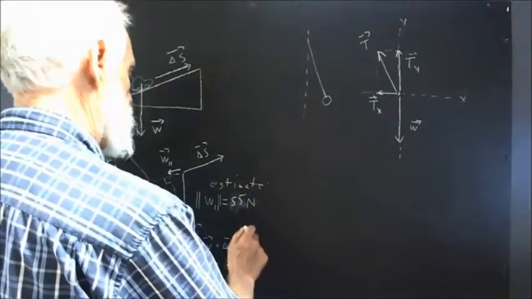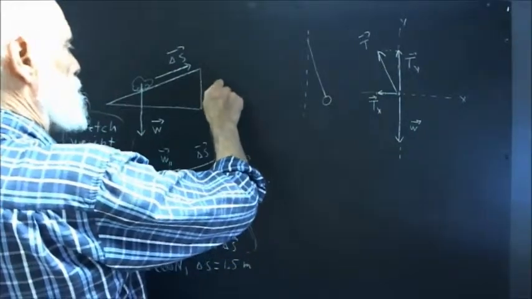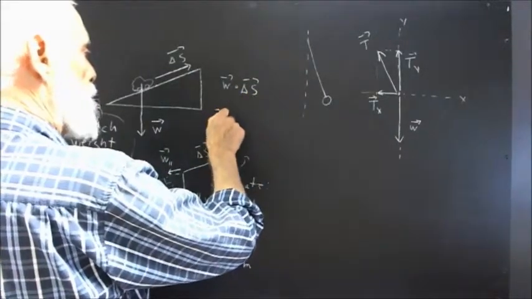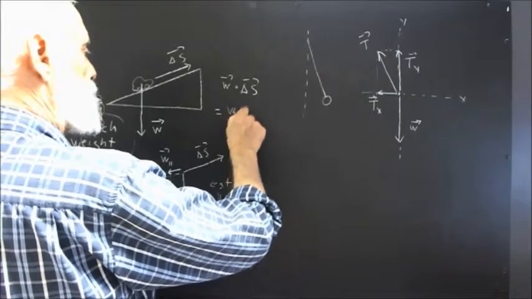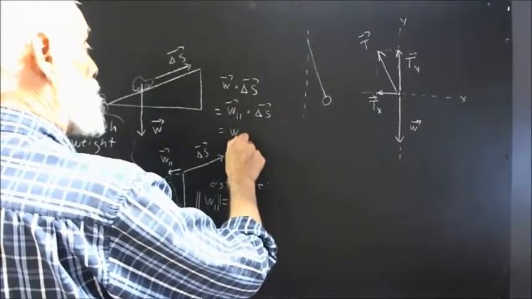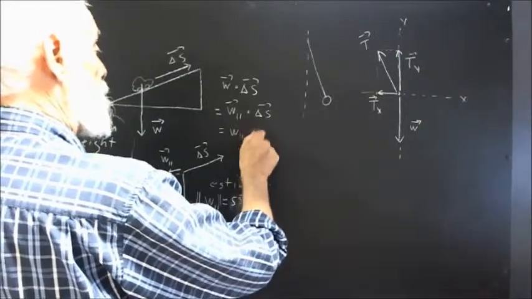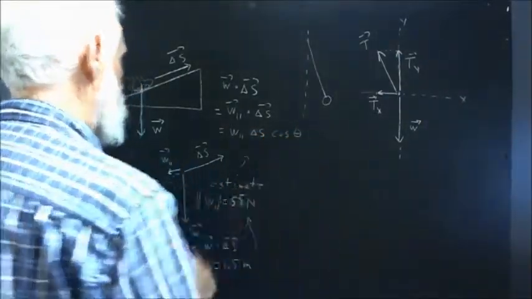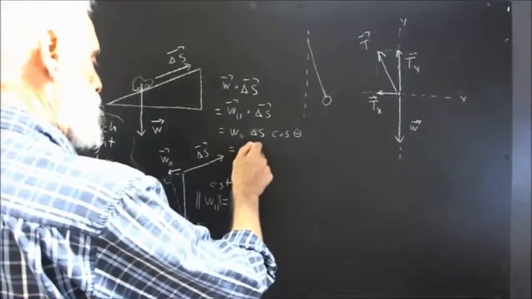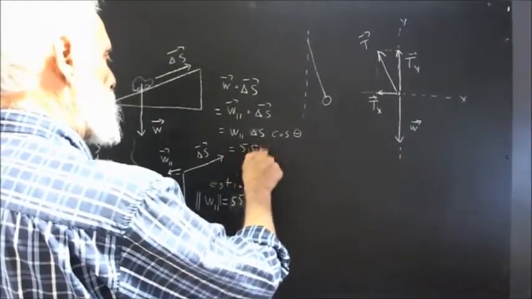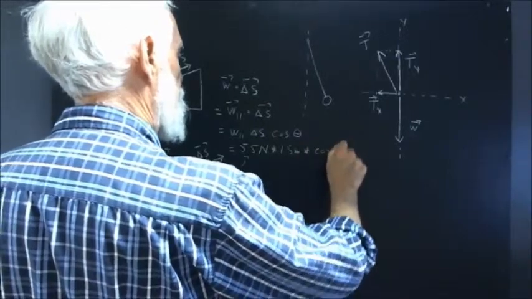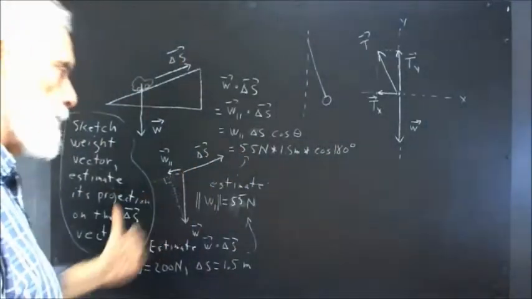Okay, so from this picture we get this, and from this we're going to get W dot delta S equals W parallel dot delta S, which equals the magnitude of W parallel times the magnitude of delta S times the cosine of theta, where theta is the angle between W parallel and delta S, and that's going to be 55 newtons times 1.5 meters times the cosine of 180 degrees, because delta S is in this direction, W parallel is in this direction.